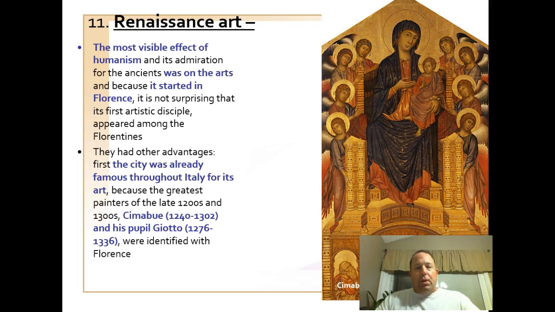Here is a painting by a medieval artist named Cimabue, who was from Florence, and he was the teacher of pretty much the first Renaissance artist, Giotto, which we'll see. I want to show this painting so that you're aware of how medieval painting is different from Renaissance.